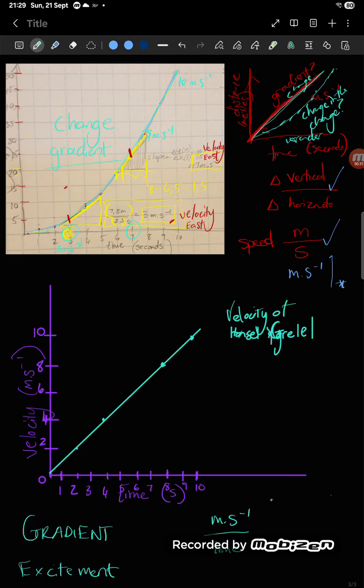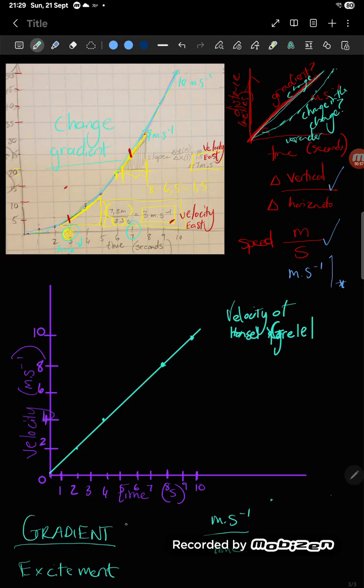Am I staying in one place at the mall? I've got a constant distance over time. Am I speeding up? I've got a change in the rate of distance over time. Am I speeding up my speed? I've got acceleration. So the gradient tells us the story.